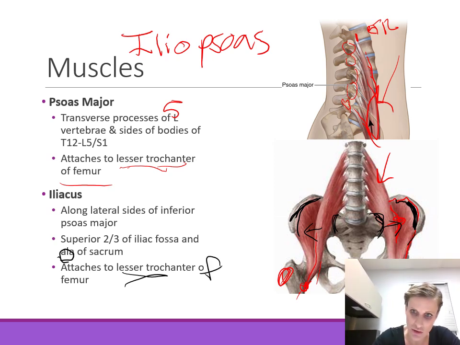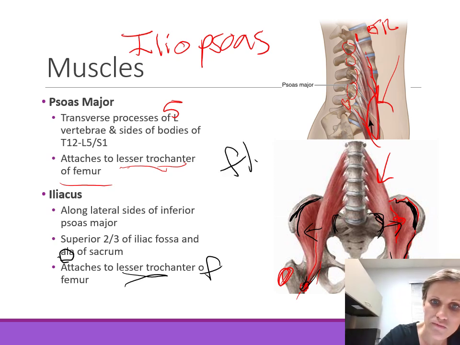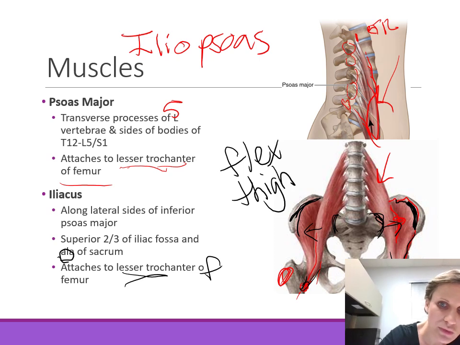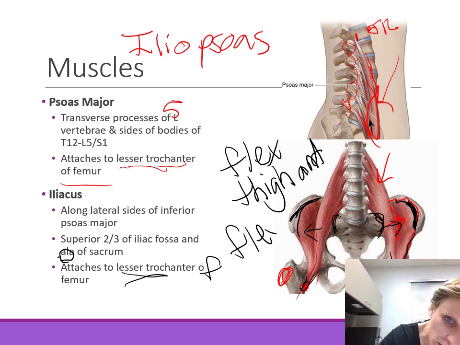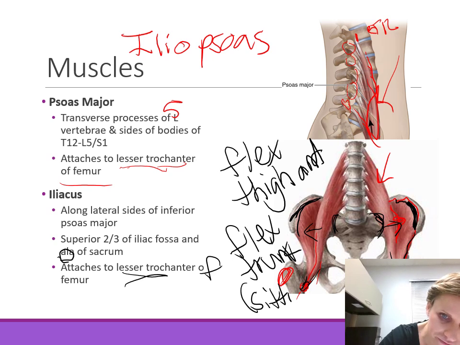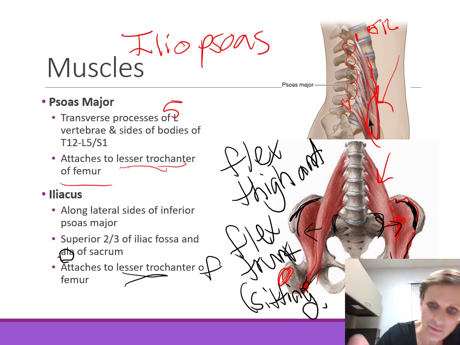So you can see they both come down together and attach to the lesser trochanter. They work together, so functionally, they both flex the thigh and then also flex the trunk when sitting, primarily.